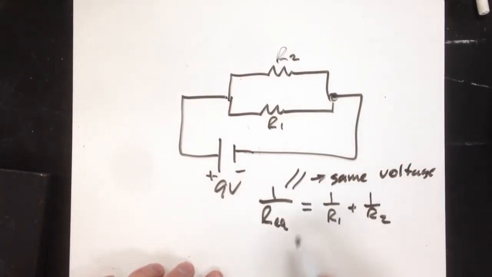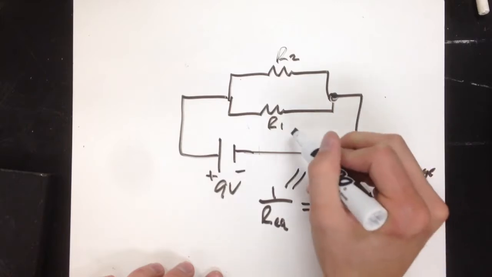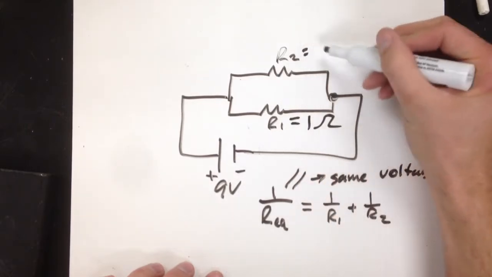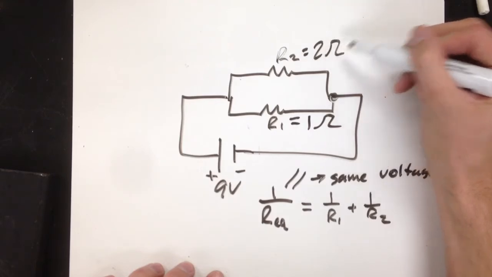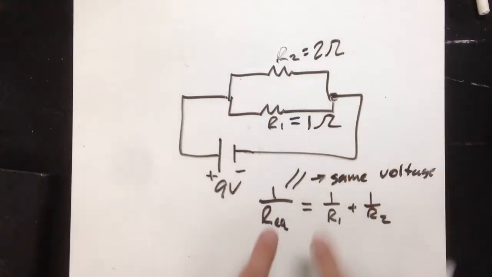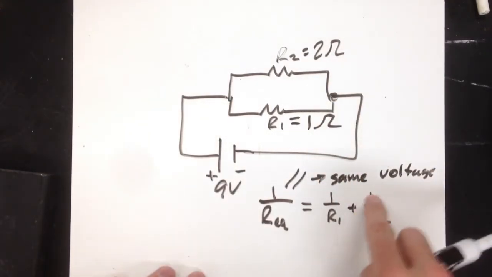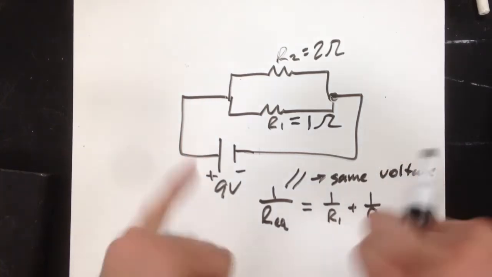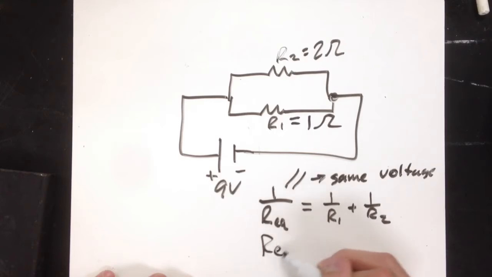The two are opposite of each other. So we could get the equivalent resistance here if we said, let's say this has a resistance of 1 ohm and this one has a resistance of 2 ohms. Well, if I plug that in, 1 over 1 plus 1 over 2, that's going to be 3 over 2. Reciprocate both sides, and I get an equivalent resistance of 2/3 ohms.